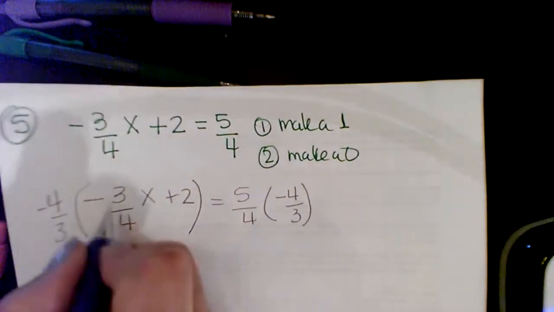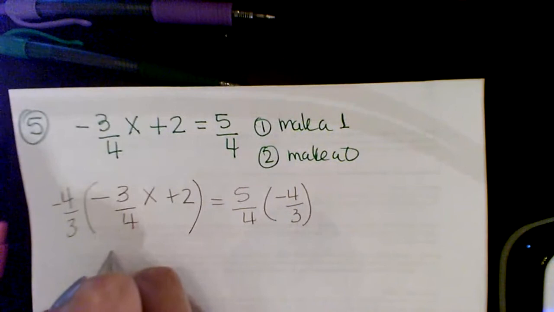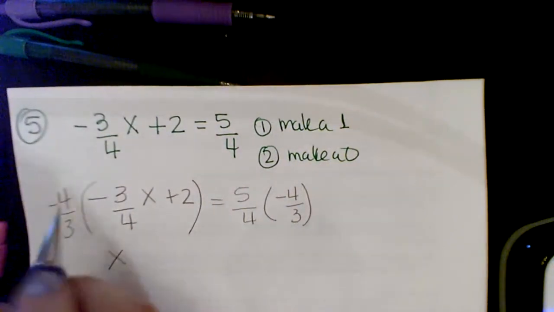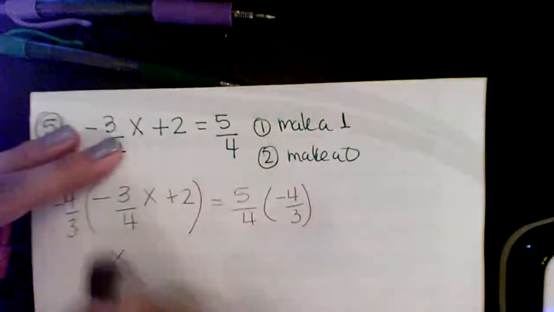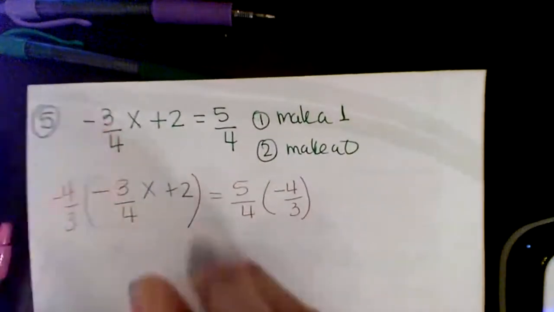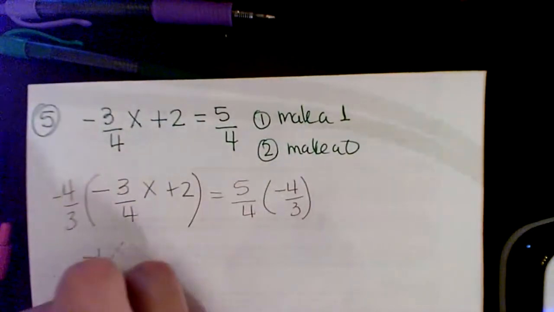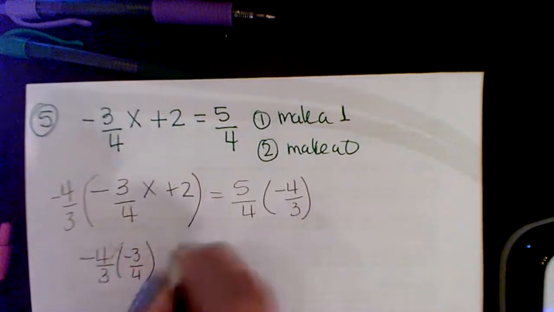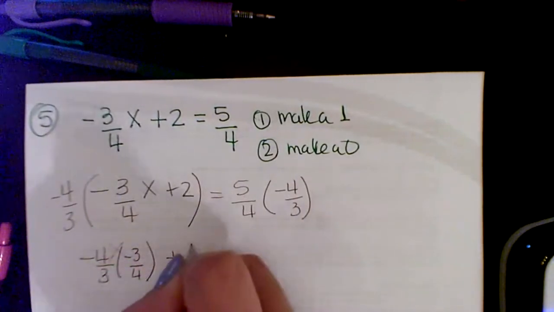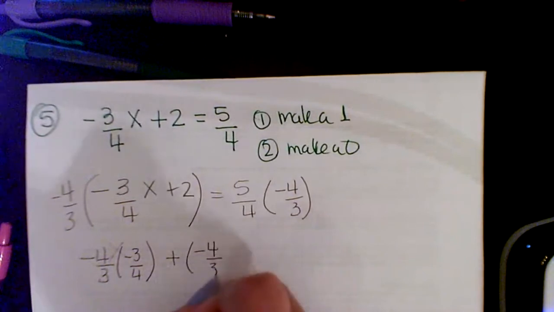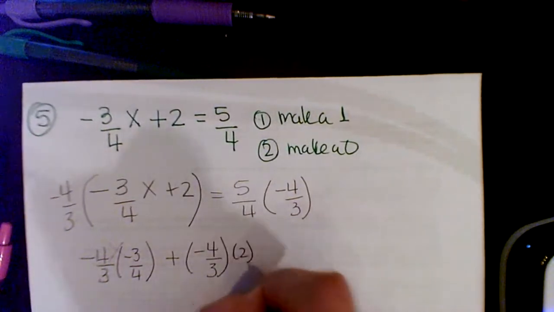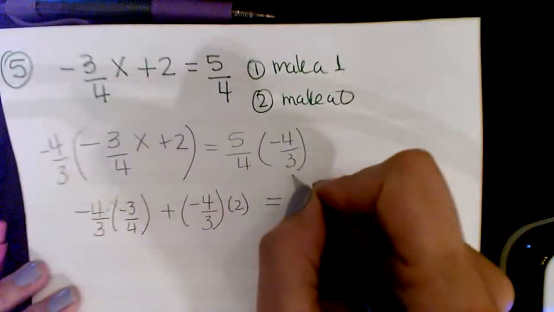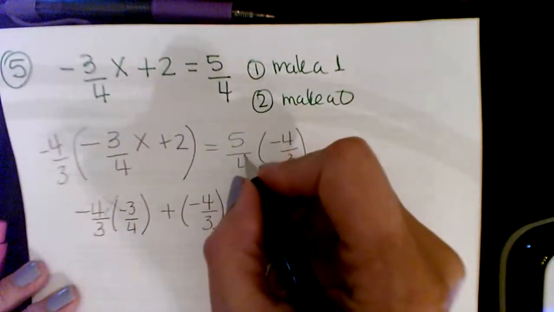So if we're going to distribute this here, what do we get? We just get the x. And if I multiplied, hold on, let me do it. 4 times 3 times -4, plus -4/3 times 2. And what do I get here?